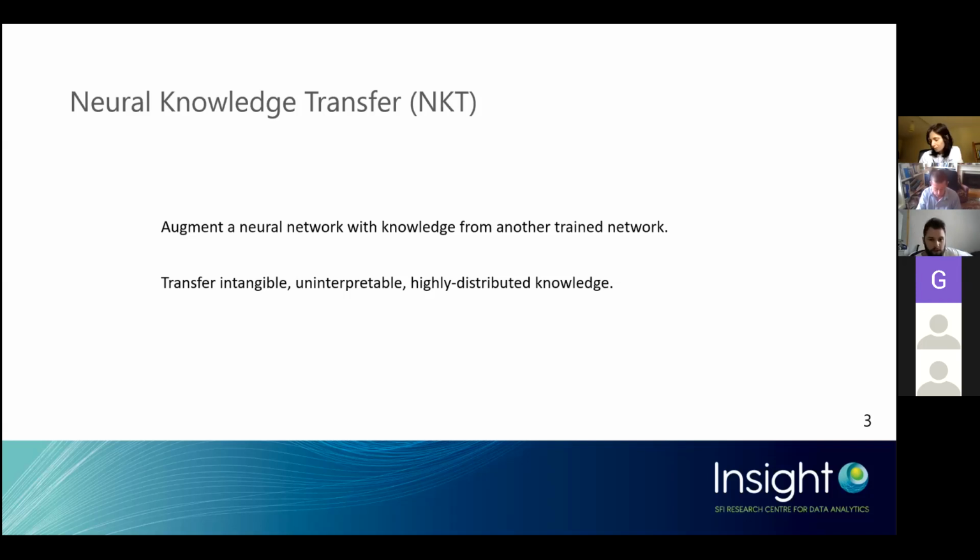Because we're transferring activations taken from hidden layers, the knowledge that we're trying to transfer is intangible, uninterpretable, and highly distributed. So it's hard to get a grasp on exactly what it is. It's not like logic or something like that.